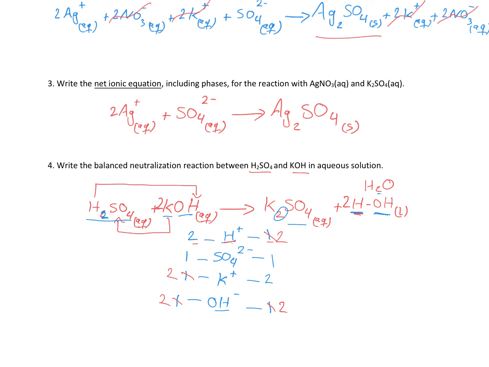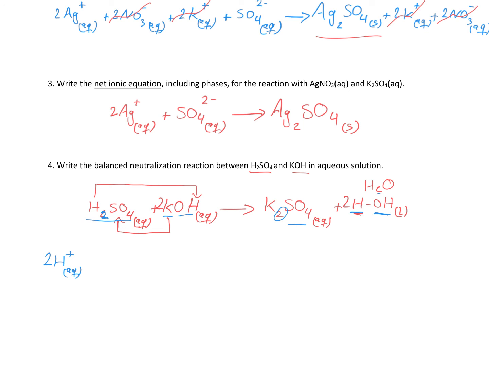If you want to write the complete ionic equation, let me erase this part. So if I want to write the complete ionic equation, we have 2 H plus aqueous, we have one sulfate, 2 minus aqueous, we have two potassium ions and two hydroxide ions.